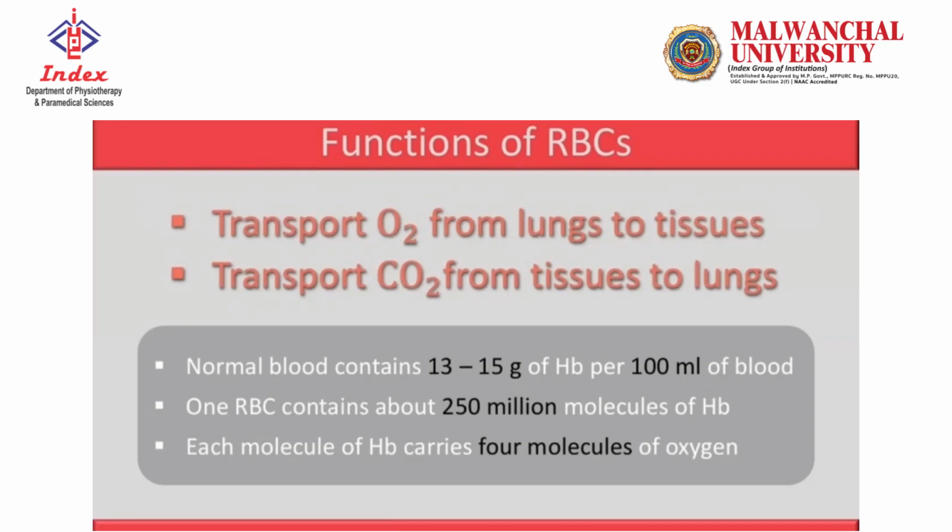One RBC contains about 250 million molecules of hemoglobin. Each molecule carries 4 molecules of oxygen, which is important for transport of O2 from lungs to tissues and CO2 from tissues to lungs.